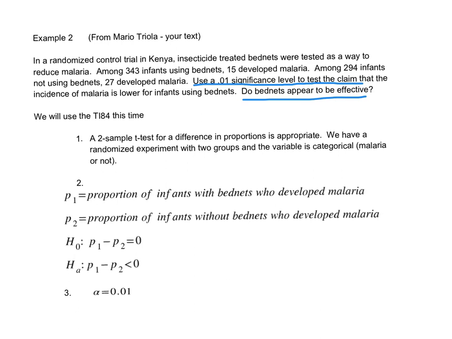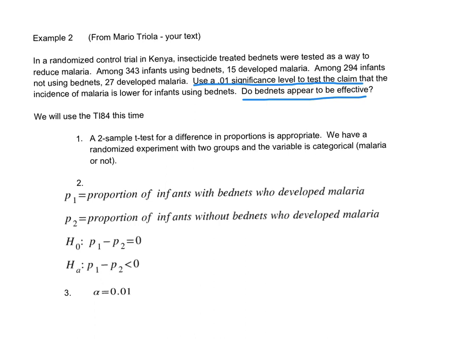So I always like to think initially, does there appear to be a difference just by looking at the two samples? It looks like 343 infants who used bed nets, out of those 343, 15 developed malaria. Slightly smaller sample of infants who did not use bed nets, and almost twice as many developed malaria.